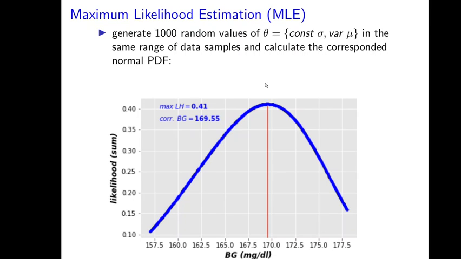As you can see here, after generating around 1,000 values of blood glucose values, we find that the average of this new distribution is at the point 169.55 with the maximum likelihood of around 0.41. And this is a very close value to the estimation that we drew using only the 7 observations that we received from our client.